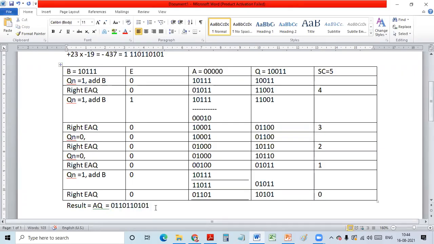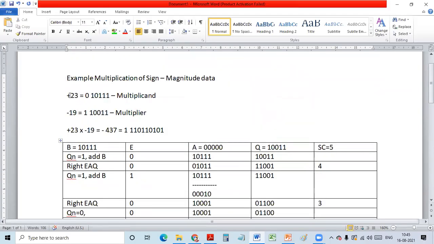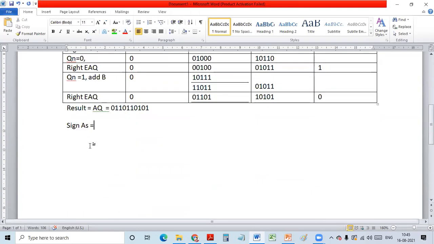And the sign, according to the sign, AS is equal to plus 23. Sorry, QS is 0. BS is, so what does B hold? B holds the multiplicand, right? So BS we have to talk about.